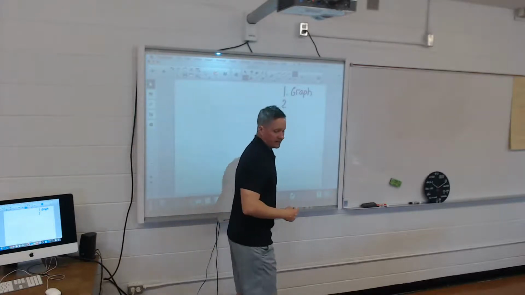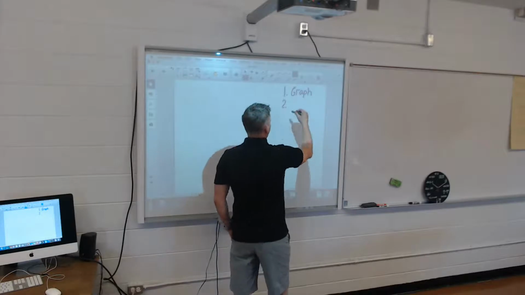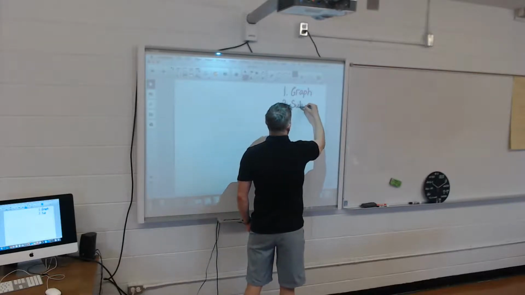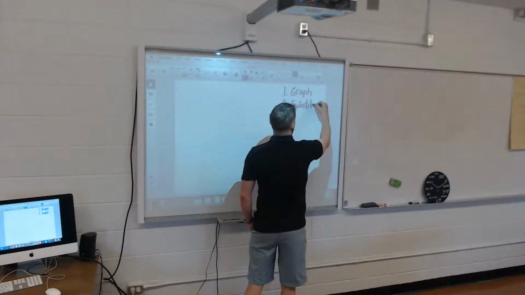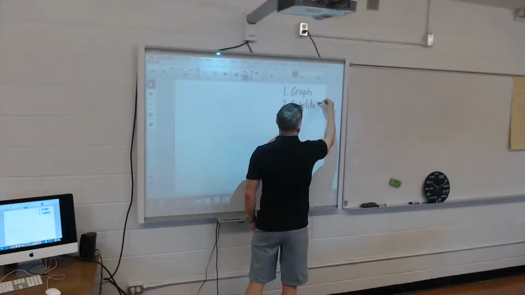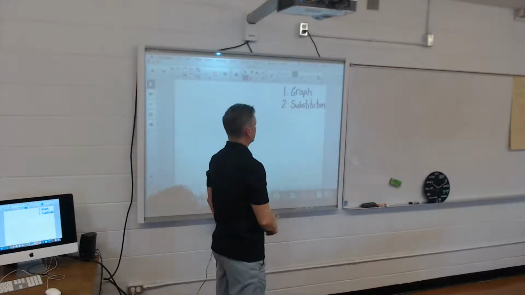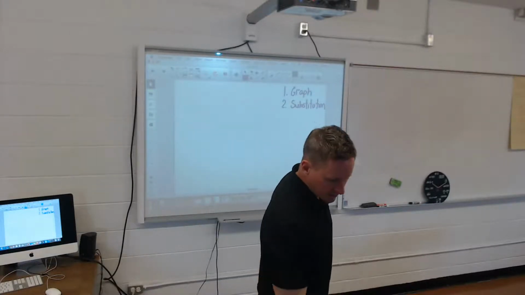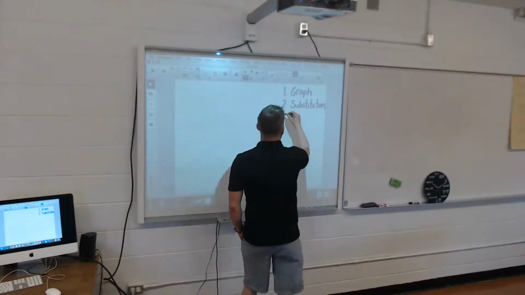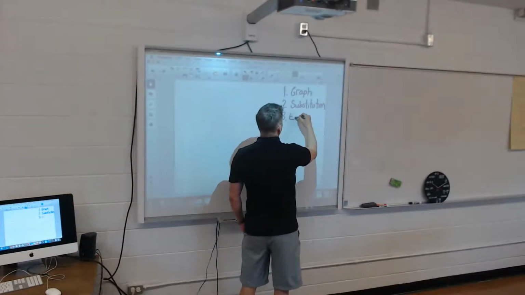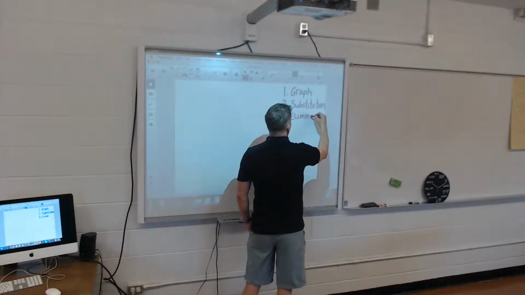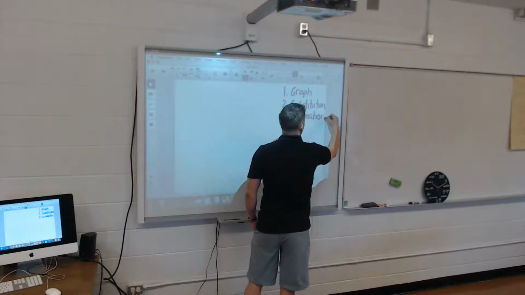The second way to do this algebraically is what we call the substitution method. And then the third way is the elimination, but we'll worry about that a little bit later. Okay.